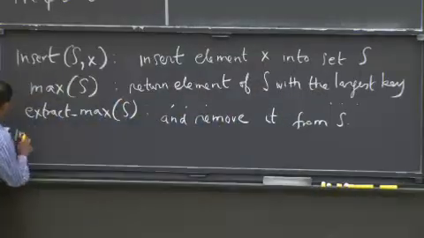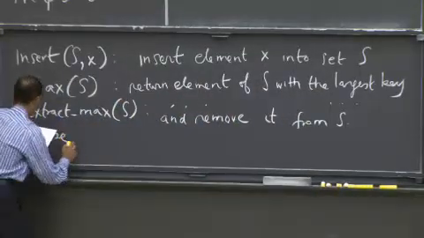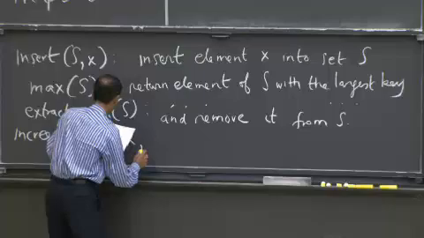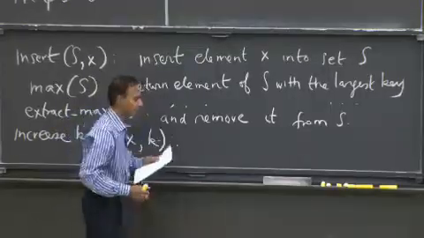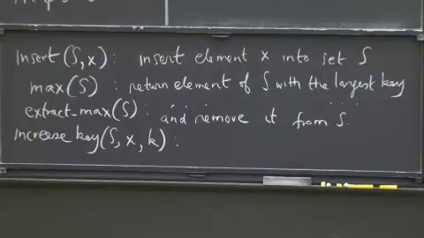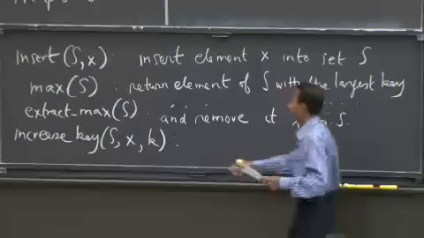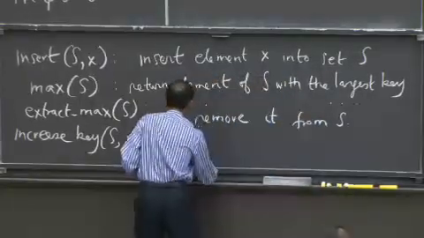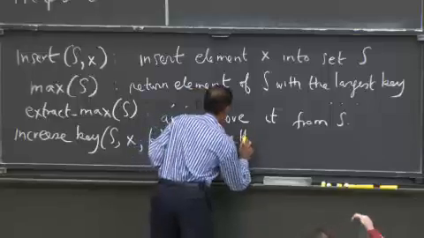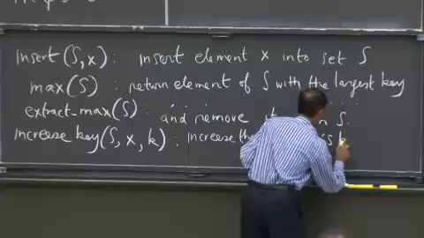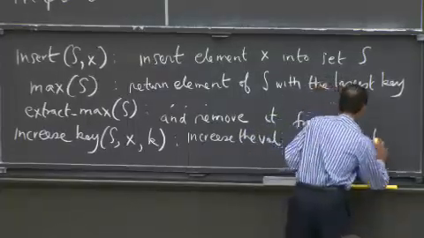And finally, you can imagine changing the priority of a particular element x in the set S, and there's an associated key, as we have up there with each element, and that key is, call it k. increase_key(S, x, k) would increase the value of x's key to the new value k.